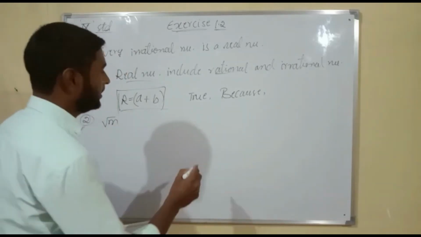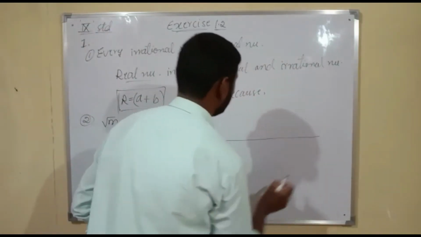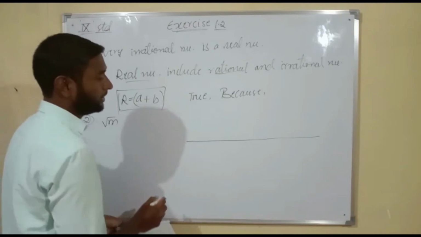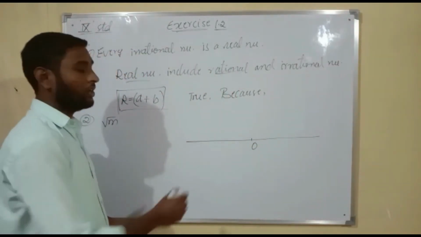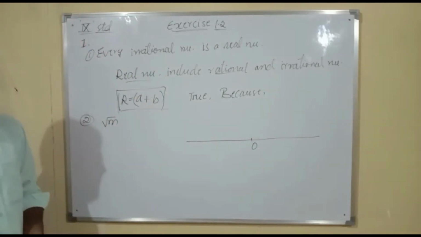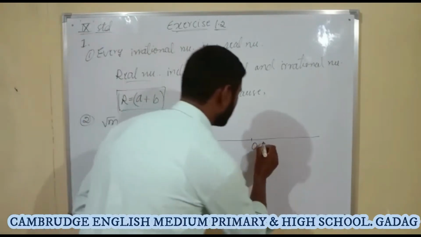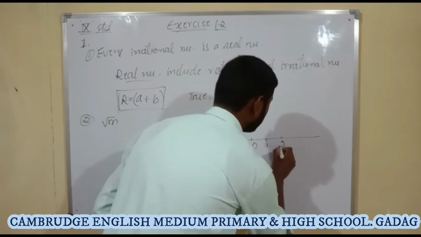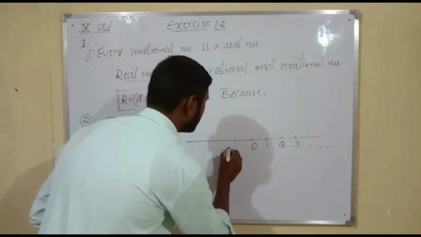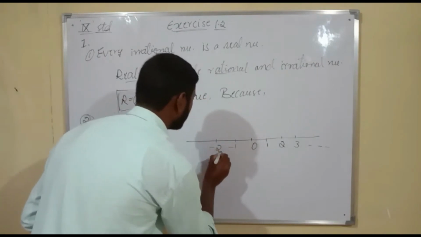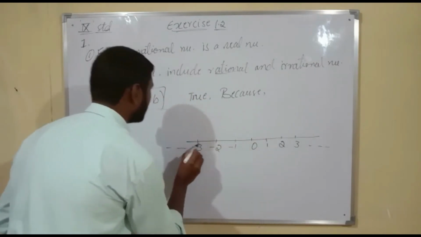If you look at a real number line, this is the origin O. On the right side of 0 there are positive integers, as you know, and so on. On the left-hand side there are negative numbers, -2 and -3, and so on.